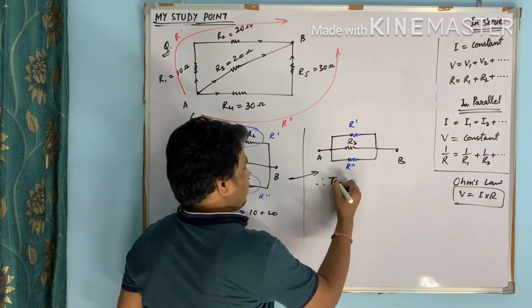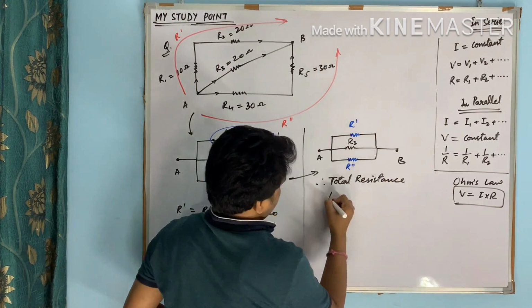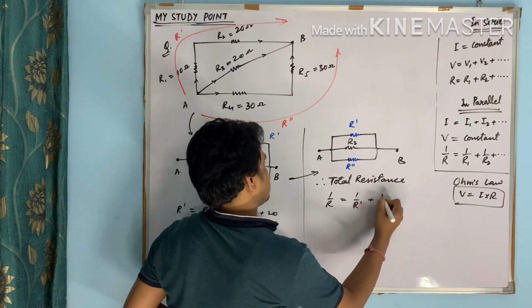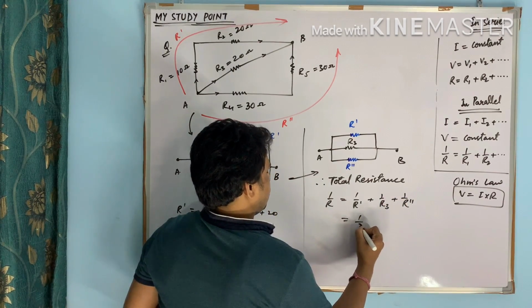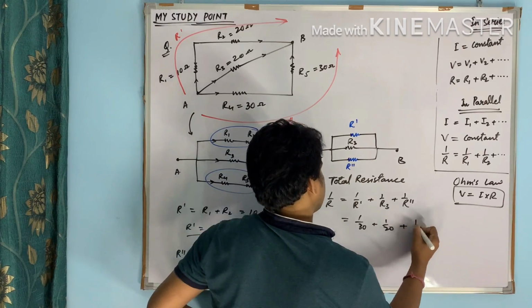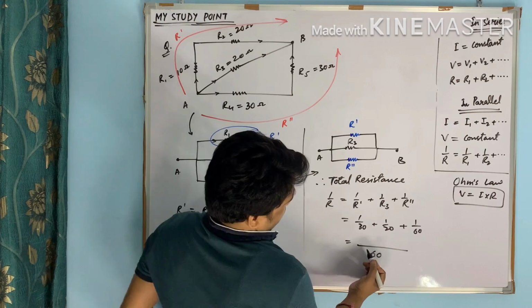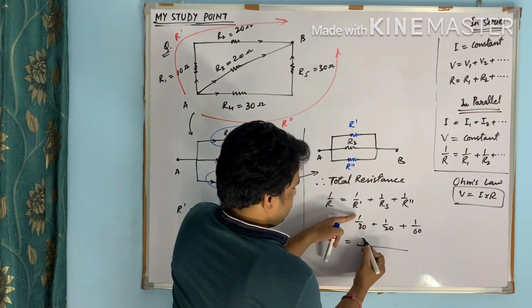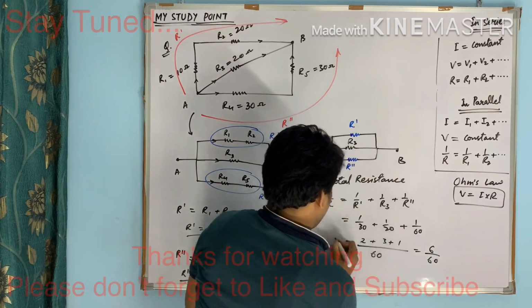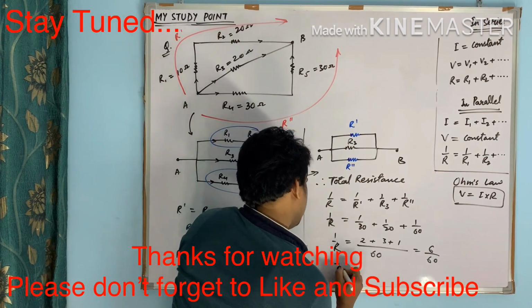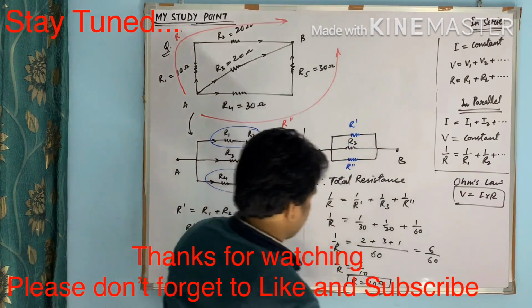So the total resistance will be what? That is 1 by R is equal to 1 by R dash plus 1 by R3 plus 1 by R double dash. That is 1 by 30 plus 1 by 20 plus 1 by 60. If you take LCM of all these values, it will come out to be 60. Now simplify this. 2 plus 3 plus 1, that is 6 upon 60. So 1 by R is equal to 1 by 10. R will be what? 10 ohm. Okay.